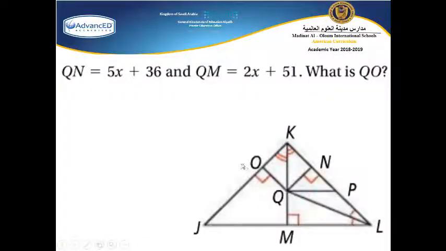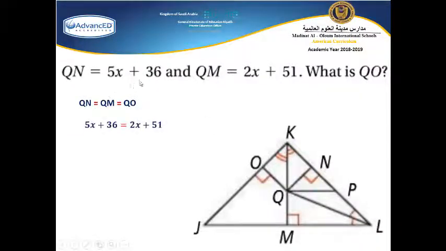Let's solve this question. Here we have the triangle and the given lengths of the distances from the point of intersection of the angle bisectors, Q. Then QN equals QO equals QM. To find the length of QO, we make the substitution, because QN equals QM equals QO.